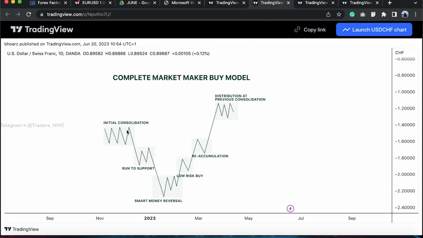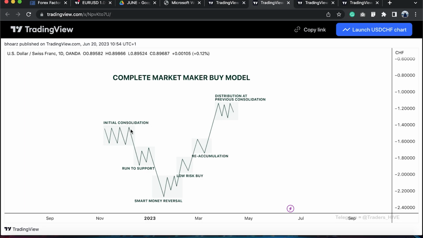You can see the initial consolidation, and then the run down to support, where you have a small little range, and then price has a smart money reversal. Usually that would be at a higher time frame level, and then you have your low risk buy, and then you have your reaccumulation, and then you run up into the previous consolidation.